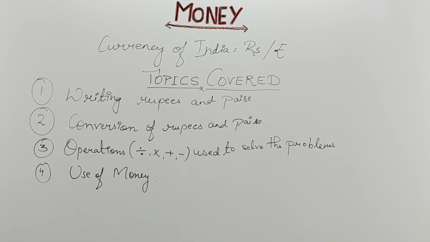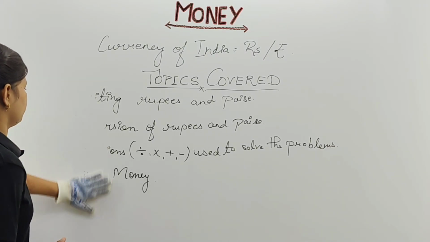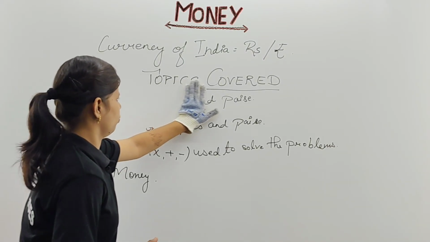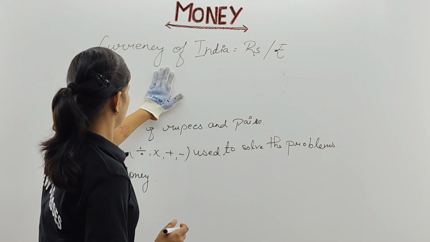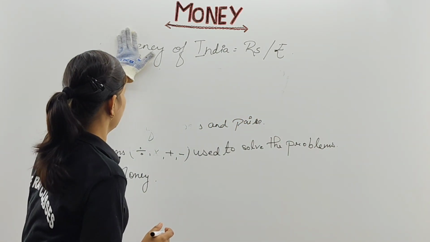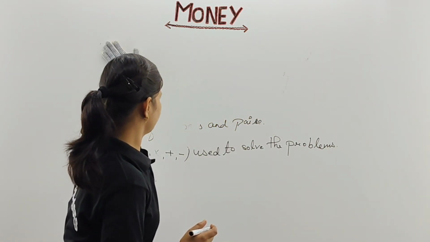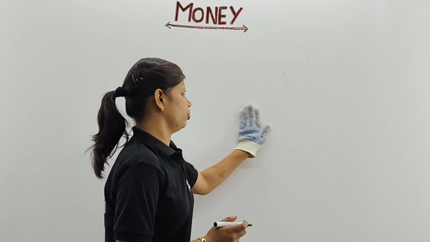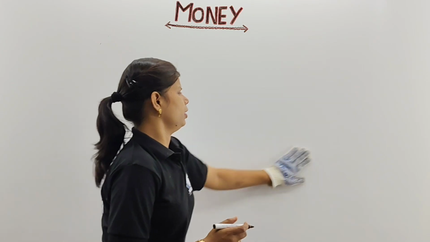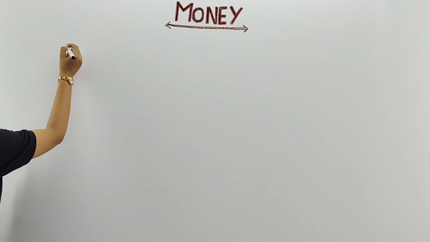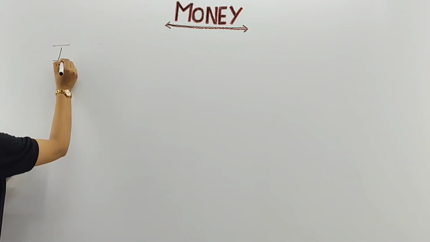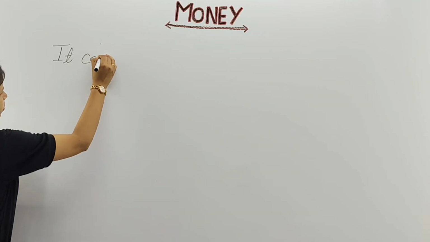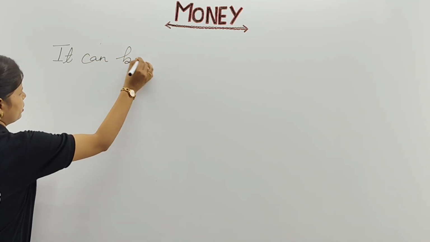Here, money can be written in 2 ways. What is the currency of India? That will be your rupees. Short form only I am dealing with here first.